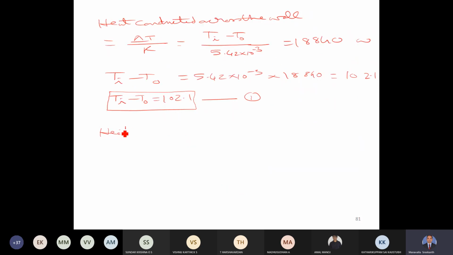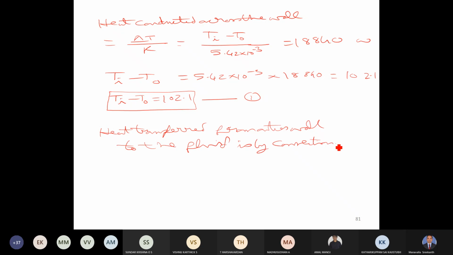Heat transferred from outer wall to the fluid is by convection. So Q outer wall is equal to HA delta T.